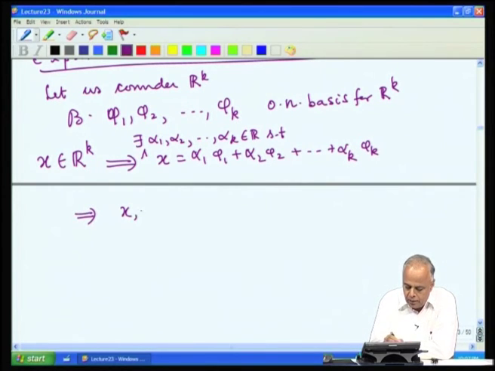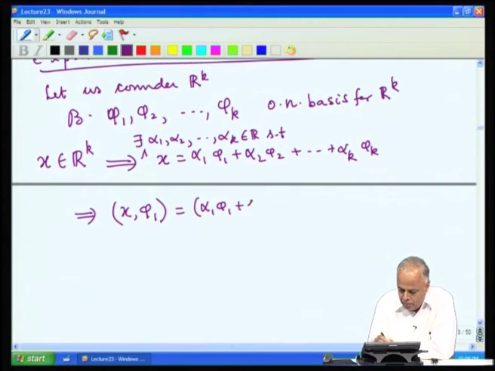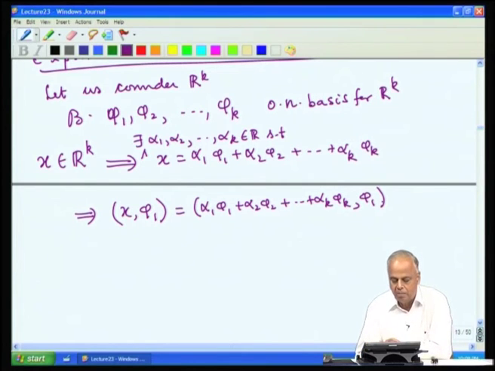suppose I now take the inner product with phi 1, the dot product with phi 1, that is the same as alpha 1 phi 1 plus alpha 2 phi 2 plus alpha k phi k, comma phi 1, because x is that sum.